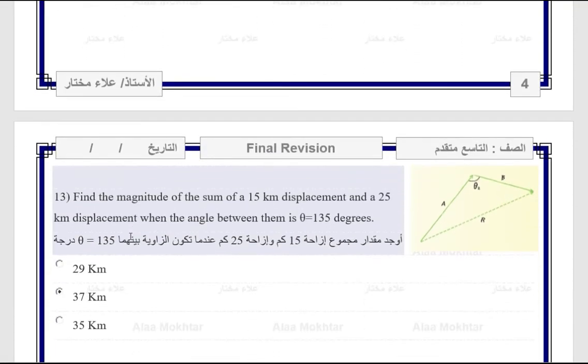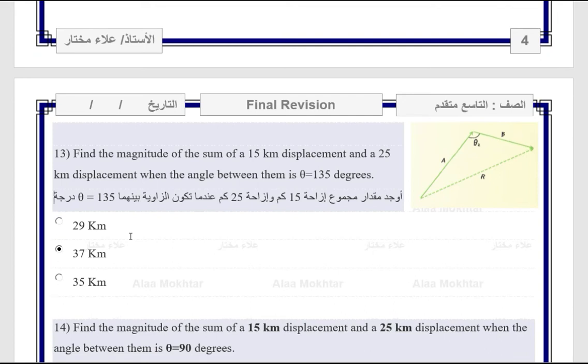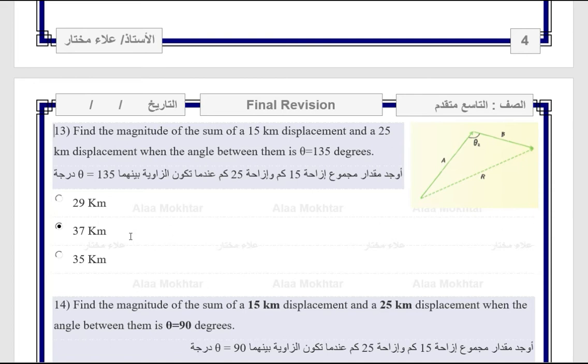Again, we will use the cosine law in this question. Find the magnitude of the sum of the 15 kilometer displacement, the a vector, and the 25 kilometer displacement, the b vector, when the angle between them is 135 degrees.